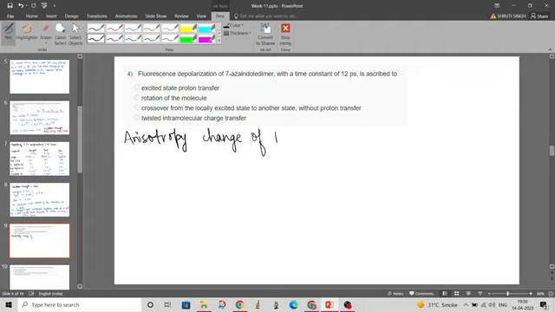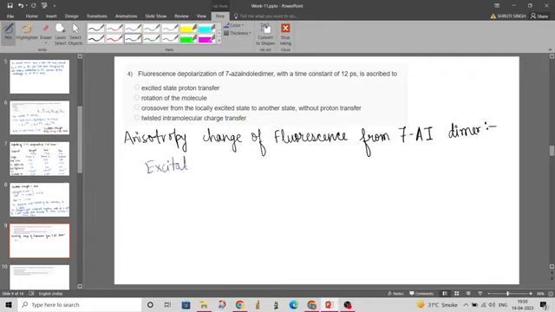The data which was discussed in the course regarding this question was the anisotropy change of fluorescence from the 7-azaindole dimer. The excitation was done at 270 nanometer, which is due to the benzenoid band.